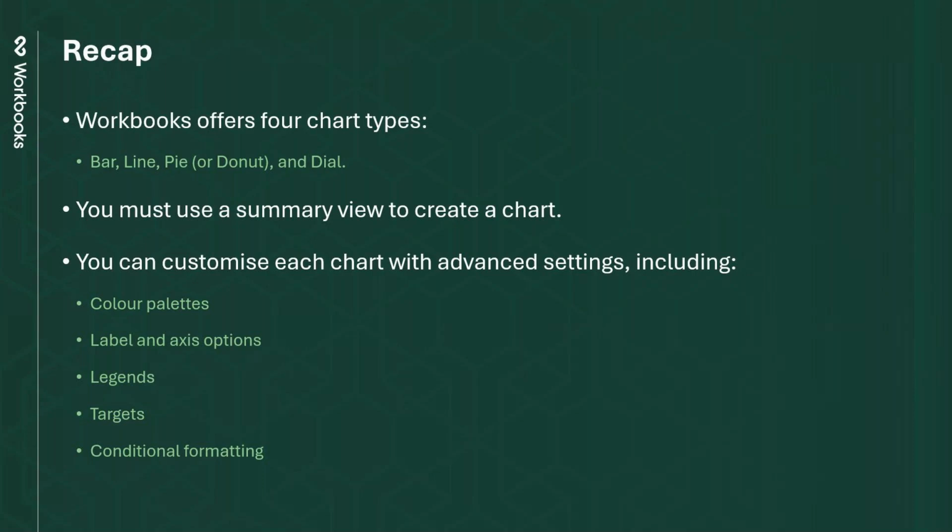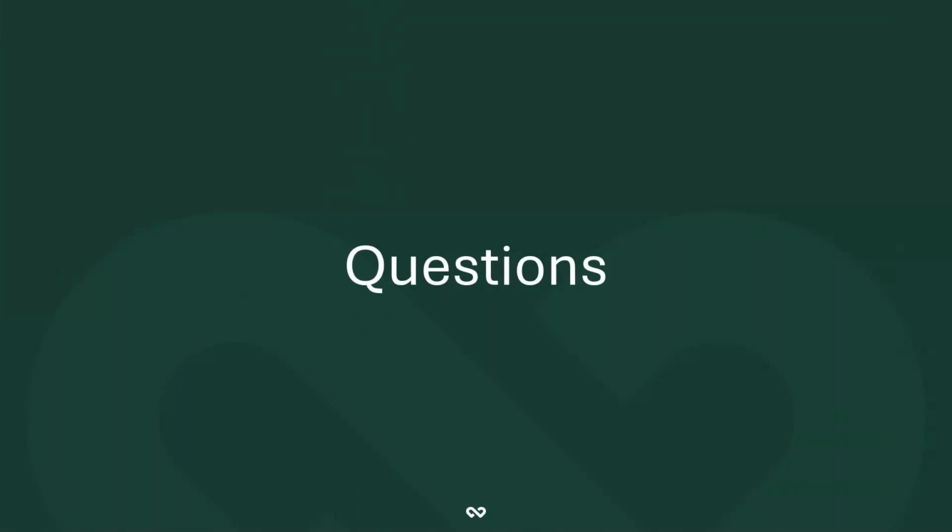You can't change a chart's type after it's been created, but you can delete and recreate it very easily. Explore the settings, experiment, and see what works for you to get the best view of your data. So let's see if we have any questions.